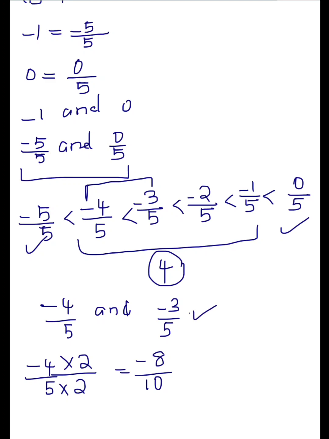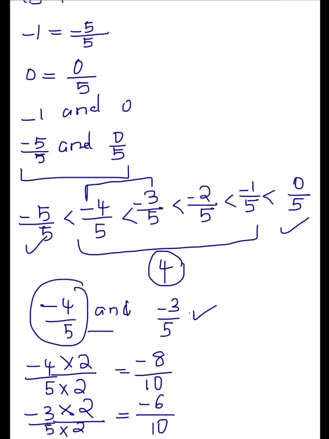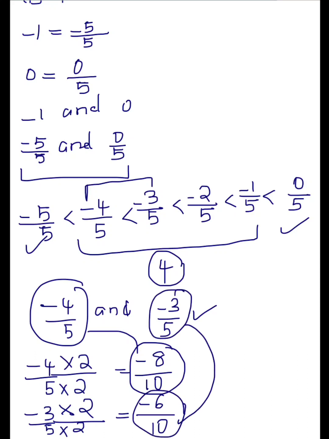Similarly, this minus 3 by 5, how will you write it? You multiply both numerator and denominator by 2 and you will get 10, and minus 3 into 2 is minus 6. So you have replaced minus 4 by 5 with minus 8 by 10 and minus 3 by 5 with minus 6 by 10.